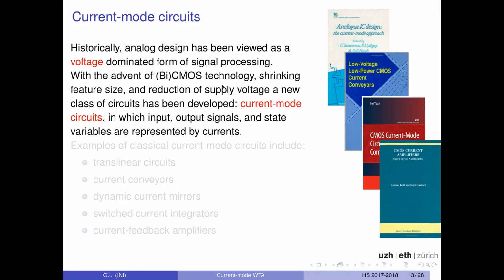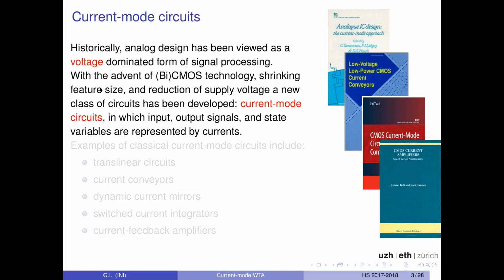When voltage supplies were 20 volts or more, there was no problem in range using voltages to represent signals, and in processing voltages, adding them, subtracting them, multiplying them. But technology progress, with shrinking feature size, has led to decreasing power supply.